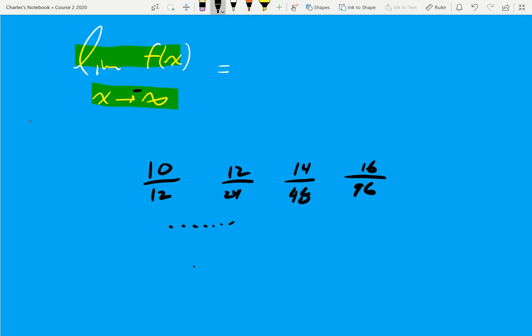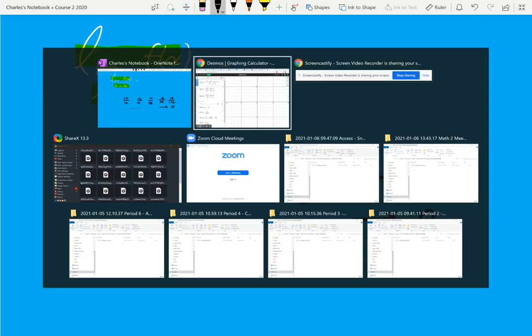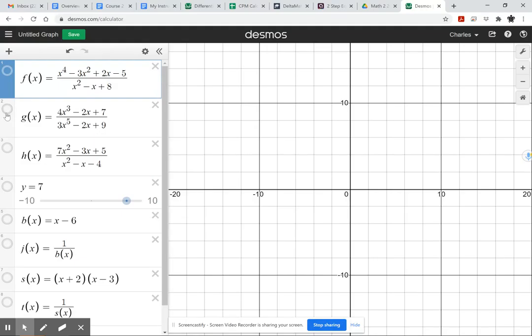They're getting smaller and smaller and smaller, okay? And what are they approaching? If I go up another one, 18 divided by 192, they're going to 0, okay? So when you have the denominator of a fraction growing faster than the numerator, the value is approaching 0.